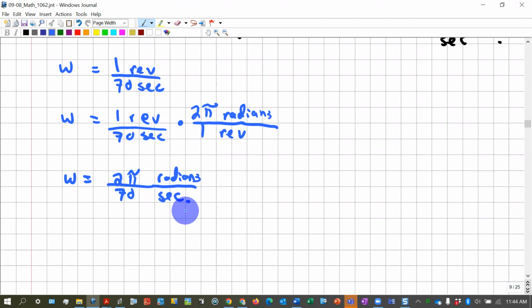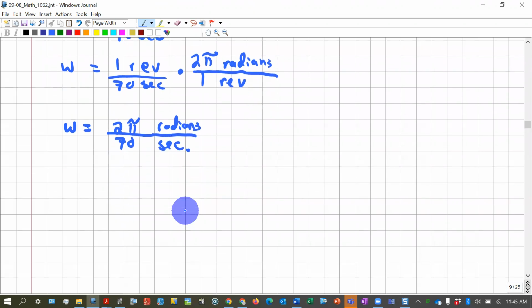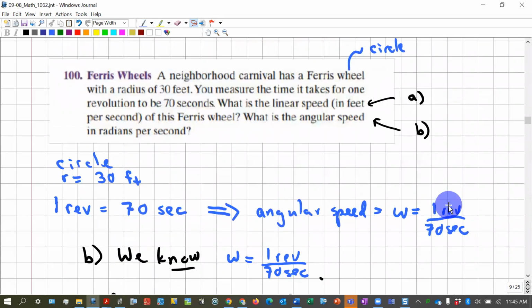which these days we're supposed to abbreviate seconds with just the S, but my S's look like 5s, and so I'm not going to do that. We can approximate that if we want to.